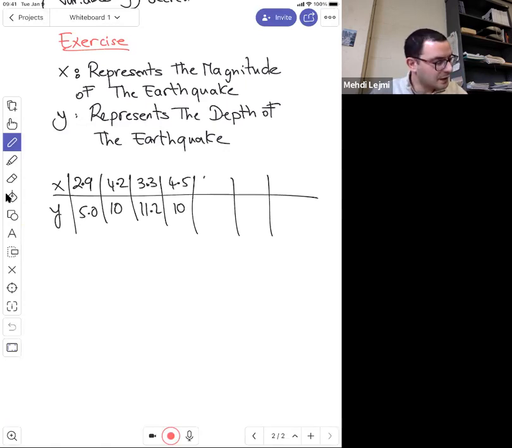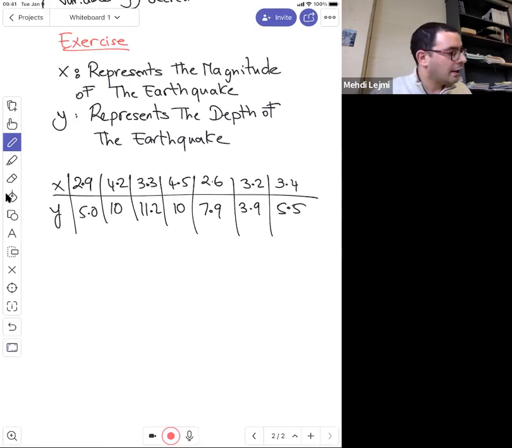Then we have 2.6. That's 7. The depth would be 7.9 kilometers. Then 3.2. The depth would be 3.9 kilometers. And then the last earthquake, we have 3.4 Richter, and the depth is 5.5 kilometers.